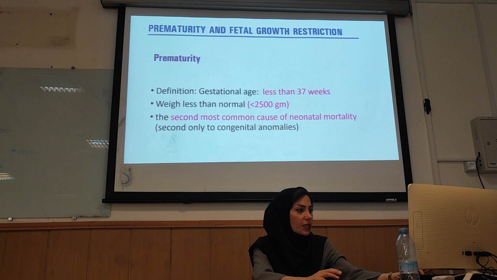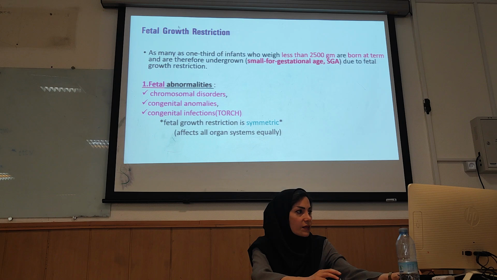Prematurity doesn't refer to the weight of the fetus, but in the definition of fetal growth restriction, weight is important: a weight less than 2,500 grams in neonates that are born at term.